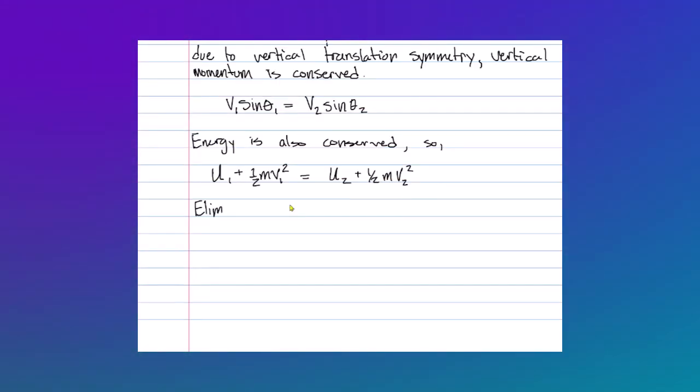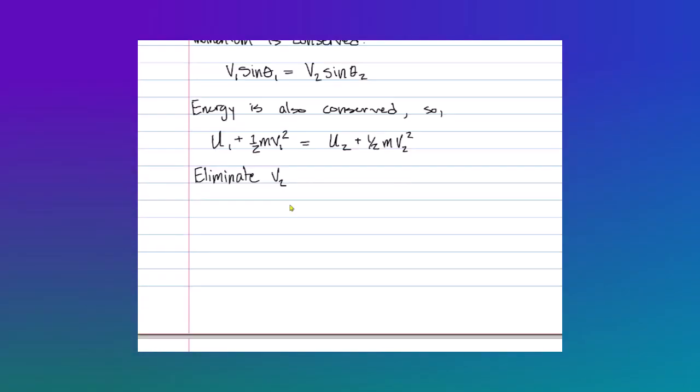So now that we have the conservation of energy equation, we can use it to eliminate V2. And we do this by plugging in an expression for V2 that we got from our momentum conservation expression.